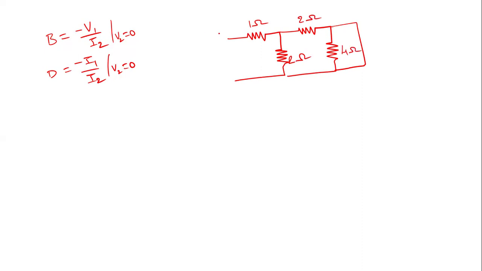This is I1, this is V1, this is I2. Now see this one: this short circuit path and 4 ohm are in parallel, so we can remove this 4 ohm resistor. If you remove this 4 ohm resistor, we'll get the equivalent circuit.